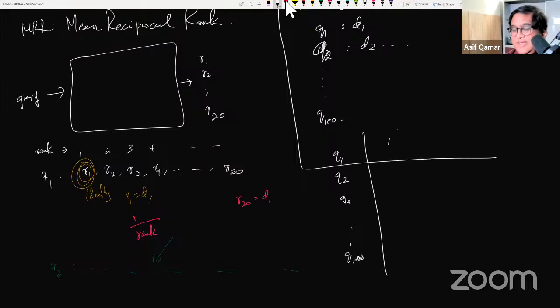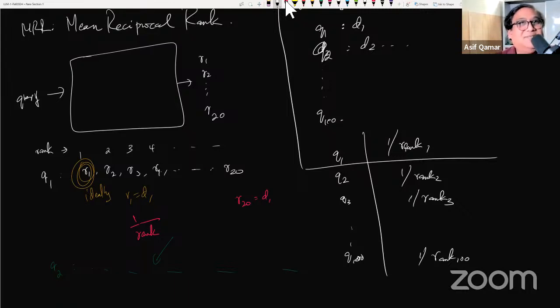And would you agree that I can come up with 1 over rank 1, 1 over rank 2, 1 over the rank of the best result in 3, 1 over rank 100. So far, so good, right? For every query, you just figure out at what rank did the real document show up.